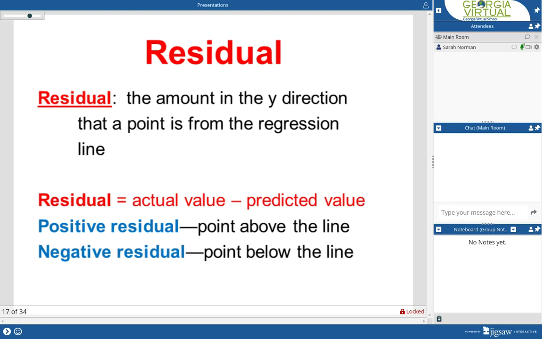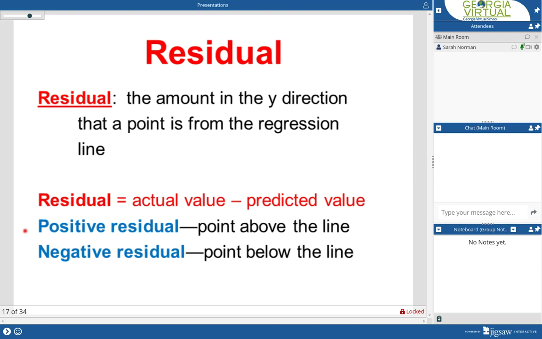If you look on Khan Academy, there's really a good video there that has a graph and everything and explains how to find the residual with the graph. Here's the formal definition. The amount in the y direction that a point is from the regression line. So the residual is the actual value minus the predicted value. That's always the case. It's always the actual value minus predicted value.